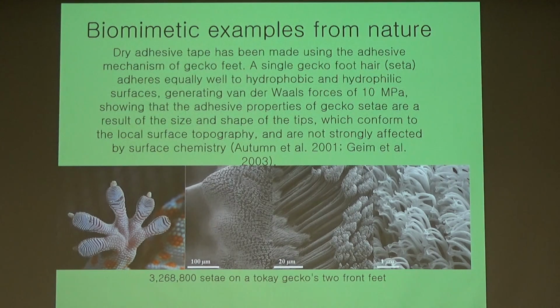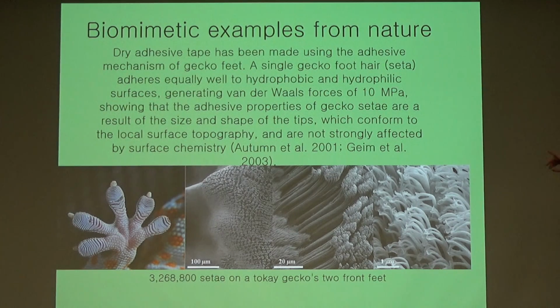So there's a lot of work going on. We know a lot about the reasons, the explanations of why this adhesion occurs. So we know the design principles behind it, and now the difficulty is just trying to translate this into some kind of usable technology.